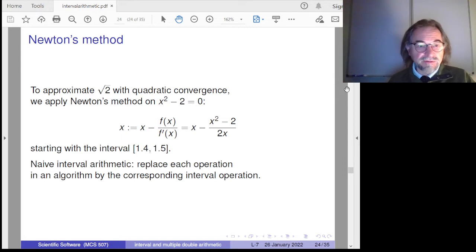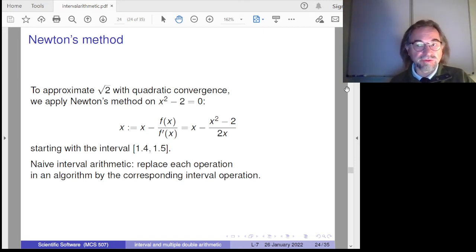So here we consider the naive application of interval arithmetic. We have an expression that we want to evaluate. We want to compute the square root of 2. In numerical analysis, when we see this, we see that this is a quadratically converging method.